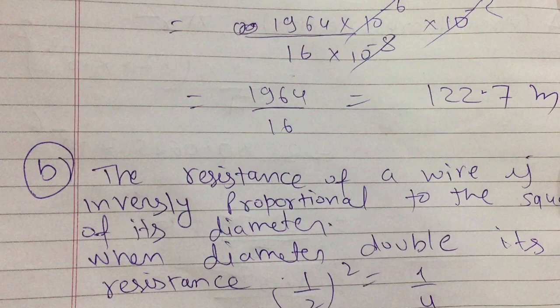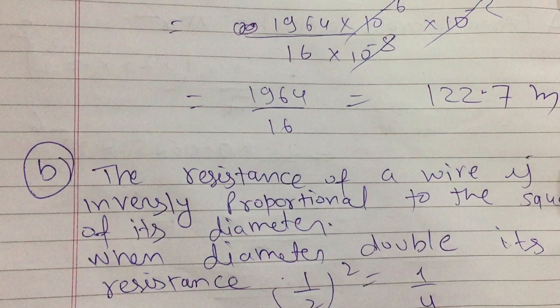Your question is: a copper wire has a diameter of 0.5 millimeter and resistivity of 1.6 into 10 raised to the minus 8 ohm meter. What will be the length of this wire to make its resistance 10 ohm, and how much does the resistance change if the diameter is doubled? In this question, resistivity is given, resistance 10 ohm is also given, and diameter 0.5 millimeter is given.